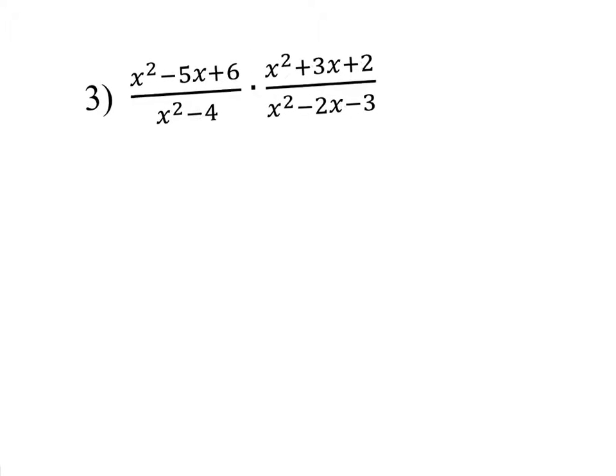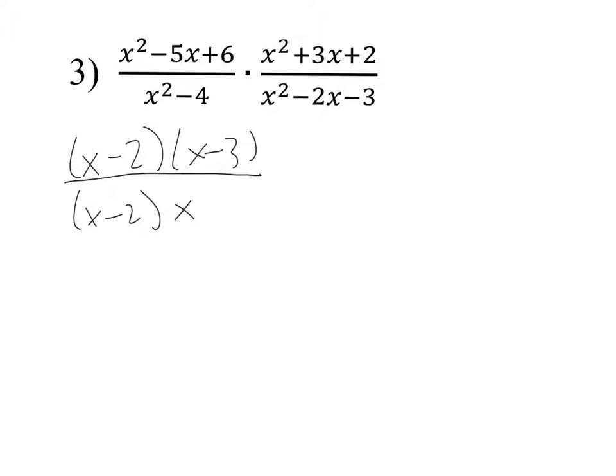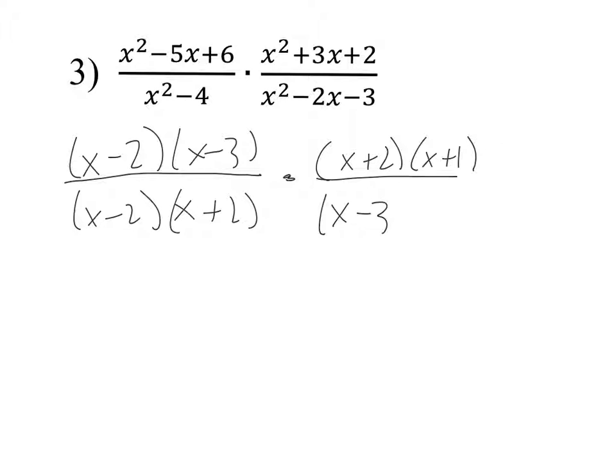Question number 3. Multiplying. First thing again, factor. Two numbers that multiply to get 6: negative 2, negative 3. There's nothing I can take out of x squared minus 4, but 4 is a special number, so x minus 2, x plus 2, times x plus 2, x plus 1, and x minus 3, x plus 1.